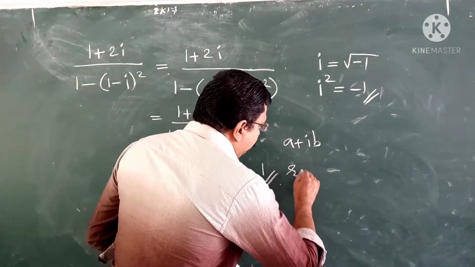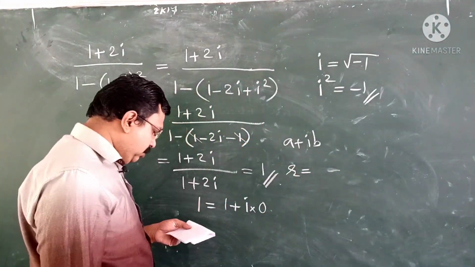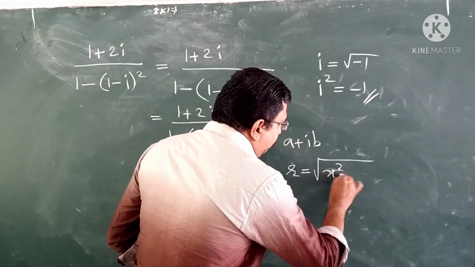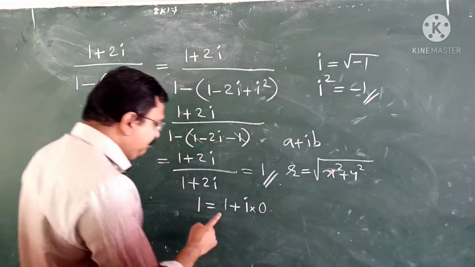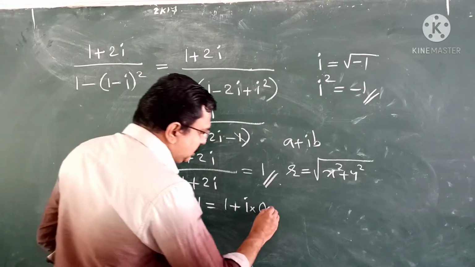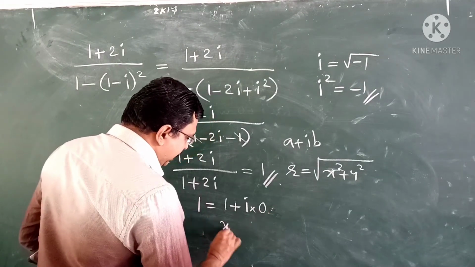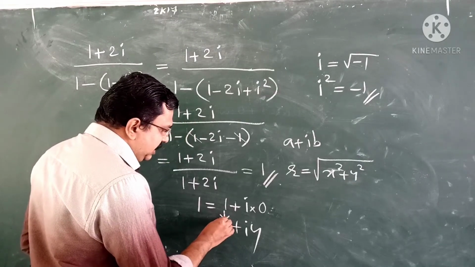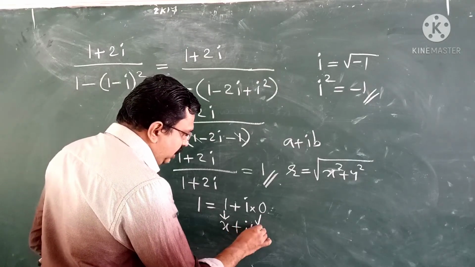Modulus r is equal to root of x² + y². If this is the complex number, it can be written as x + iy. Then what is x? 1 is x and 0 is y.